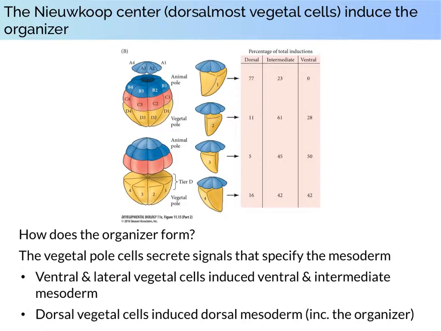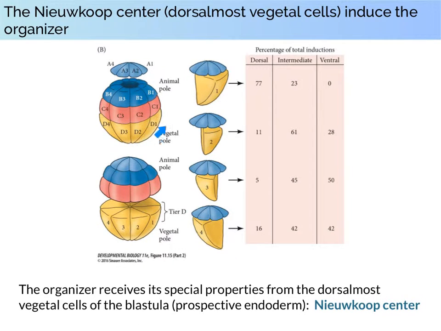So vegetal cells that are isolated from the most dorsal side and localized underneath an animal cap will give rise to dorsal mesoderm, whereas vegetal cells that are taken from more lateral and ventral regions will give rise to intermediate and ventral mesoderm and not so much dorsal mesoderm. These dorsal-most vegetal cells of the blastula, which are capable of inducing the organizer, have been called the nucleus center.